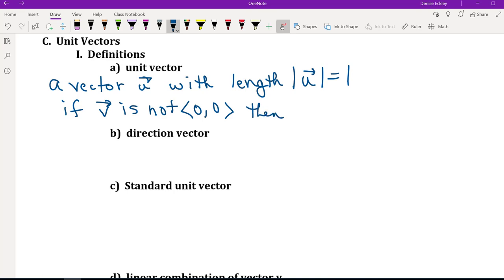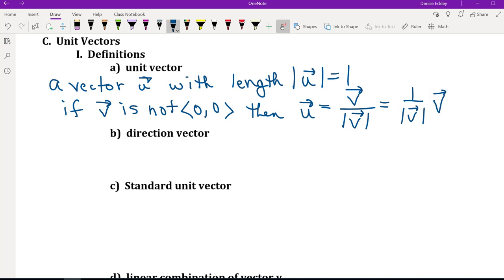Then we can define how we get u as we take any vector and we divide it by its magnitude, and we create a unit vector. So you see it written that way, literally with the vector divided by the magnitude, or because the magnitude's a scalar, a lot of times you'll see that magnitude written in front, and then the vector next to it like this.